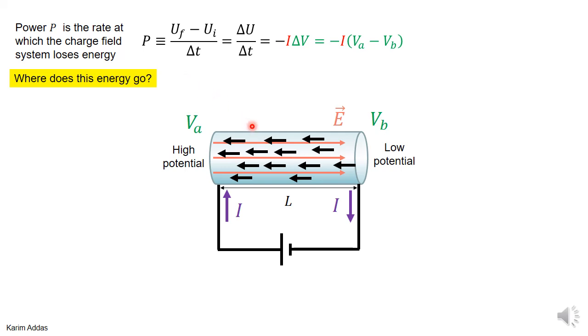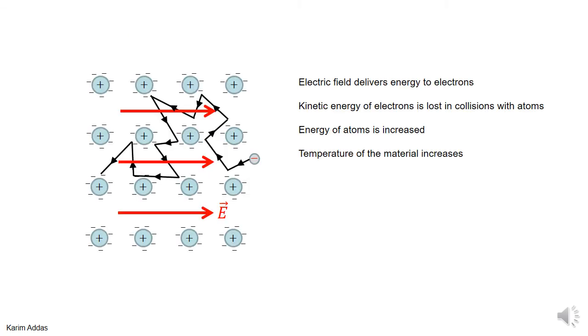If the energy is getting lower, the energy must go somewhere. Imagine, on a molecular level, what's happening. If the electric field is pointing to the right, the charges move to the left. As the charges move, they hit things, they hit other electrons in their path. So they can't really move easily inside this material. They keep on hitting things.